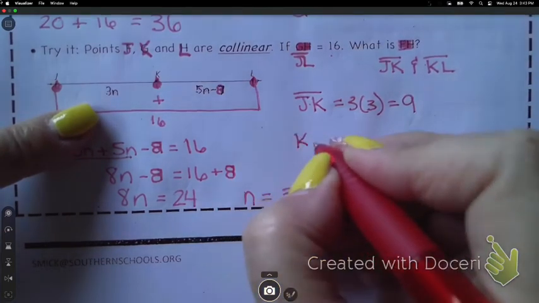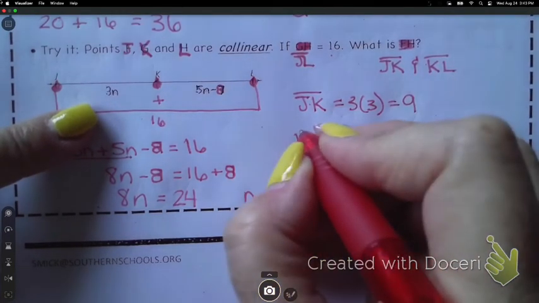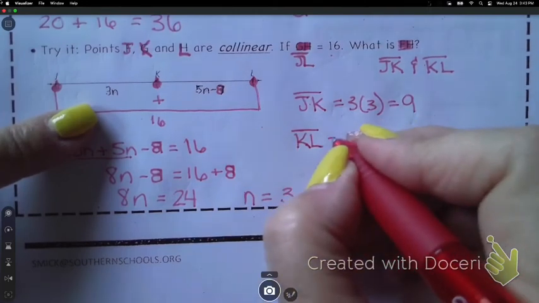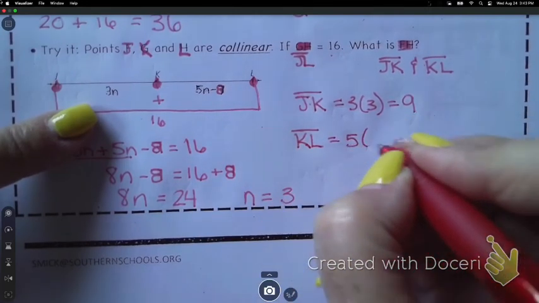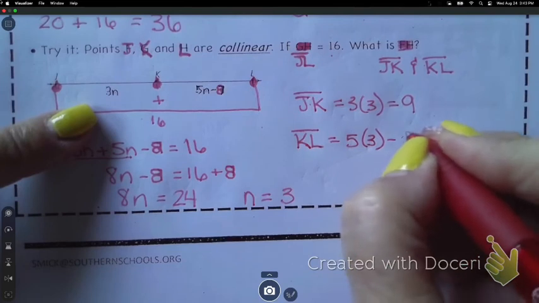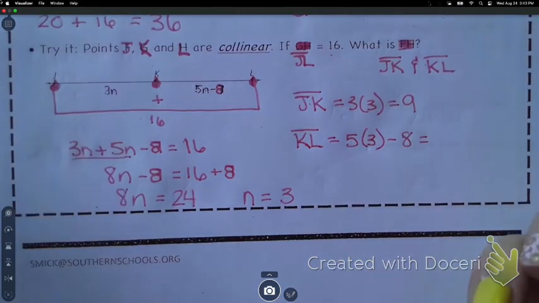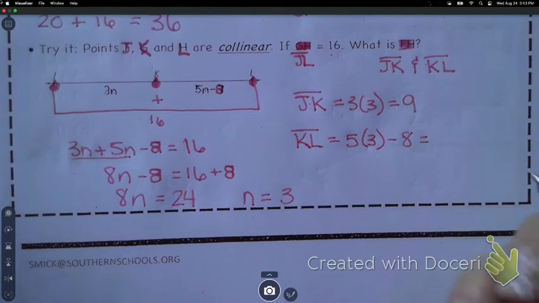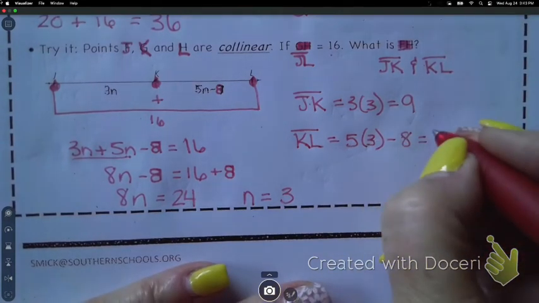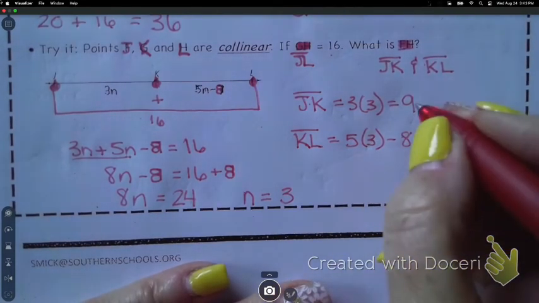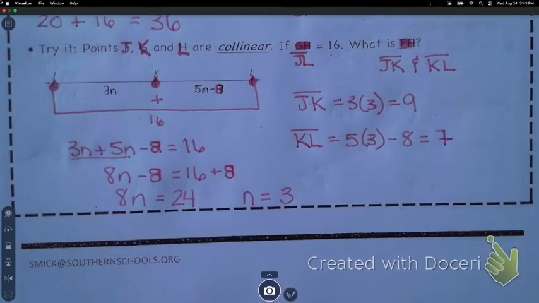And KL would be 5 times 3 minus 8, which is 7. So 15 minus 8 is 7. Okay, does 9 plus 7 equal 16? Yes. Should I check that? Yes. It's kind of a no-brainer.